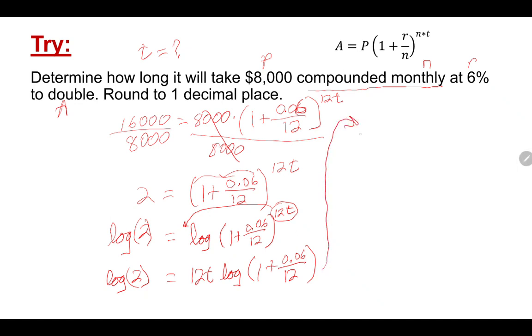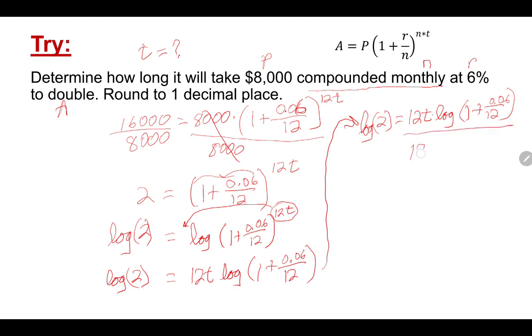So let me rewrite what we have. We have log of 2, and it's equal to 12t log of the stuff, 1 plus 0.06 over 12. All right. So if I want t by itself, it's 12 times t times log. I divide by everything that's multiplying t.